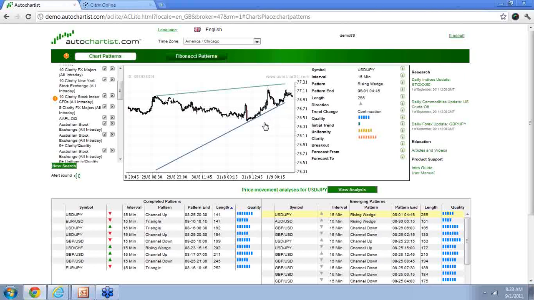But what you are looking at here is a fairly long pattern on a 15-minute chart, which is giving traders time to look at this pattern and make a decision. And since it's a rising wedge, this support and resistance line is compressing but not touching out in the future. This is kind of like the triangle pattern.